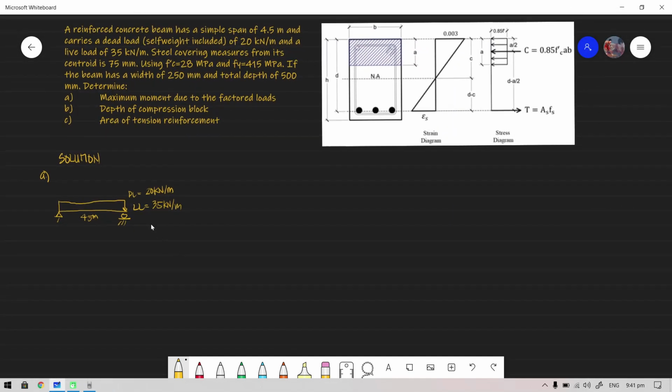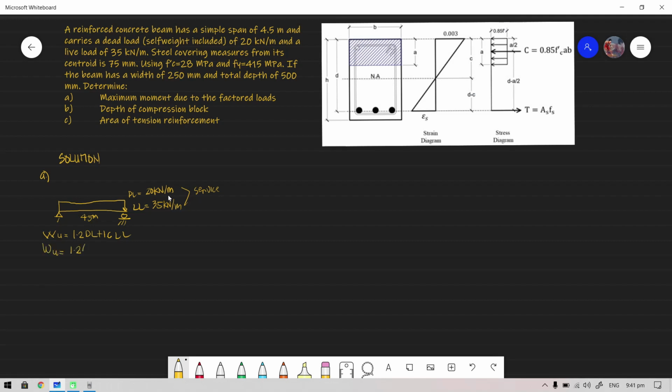So, meron tayong loading. Kaya lang, these are the service loads. Okay, service loads yan. So, gagawin natin siyang ultimate. Pag combination of dead load and live load, uniform kasi yan. So, let's say the ultimate combination will be 1.2 dead load plus 1.6 live load. So kunin natin yung ultimate load combination.